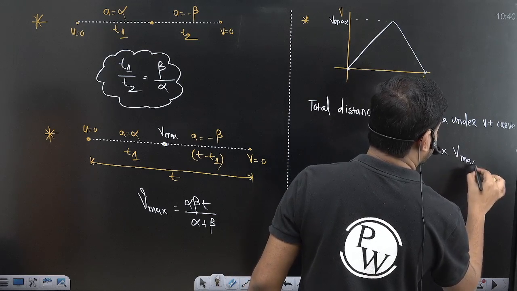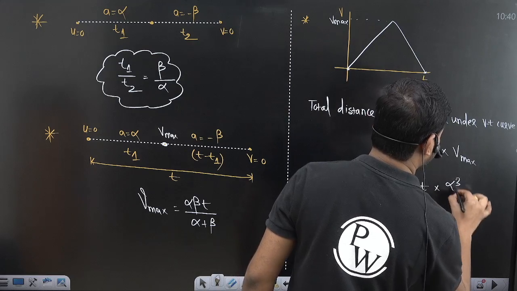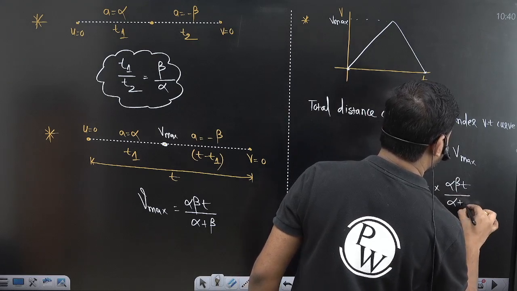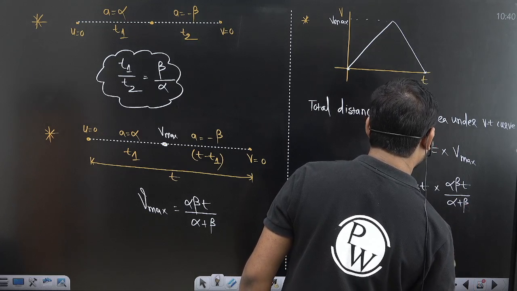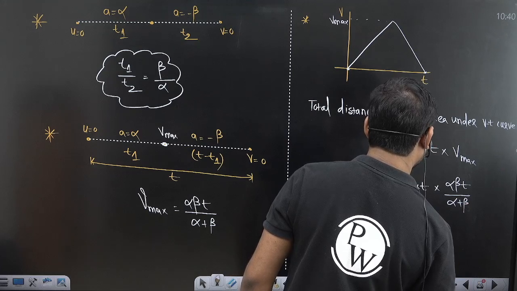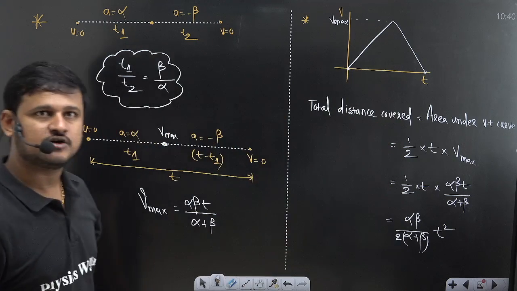So I substitute it here: half into t into alpha beta t by alpha plus beta, so this is going to be alpha beta by 2 times alpha plus beta into t square. So this is the total distance covered.